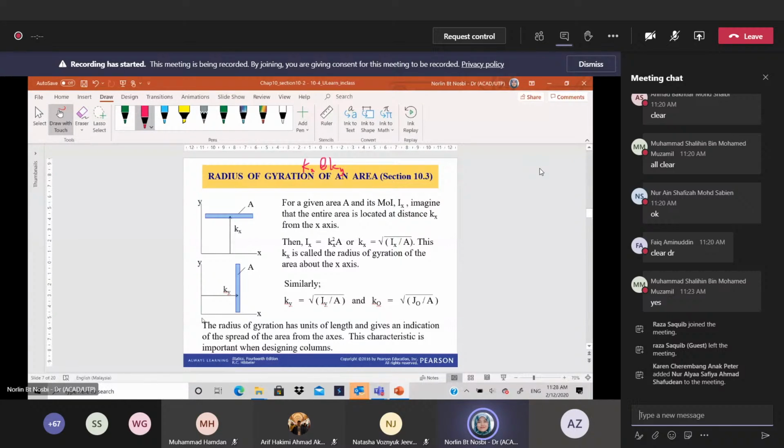And for kx it is the square root of Ix over A. Then this one is for the z axis, another equation that you all should know.